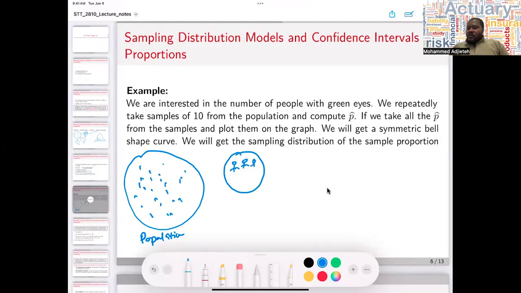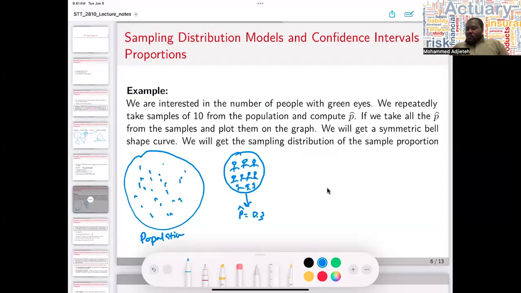Okay, let's say 10. And then all I have to do is compute P hat. Let's say P hat is 0.3. That means the proportion of students with green eyes here is 0.3. Is that okay?